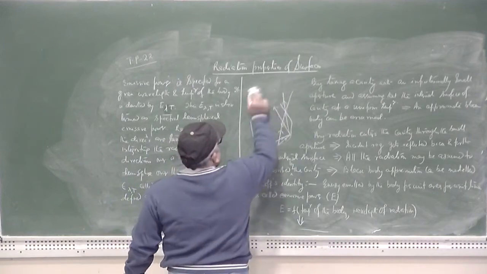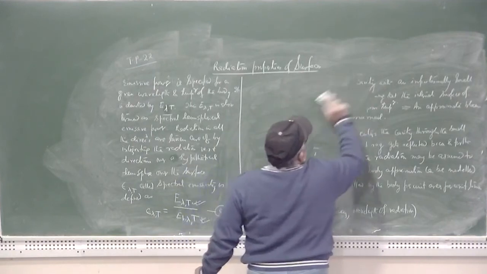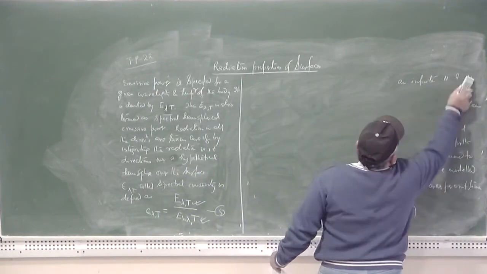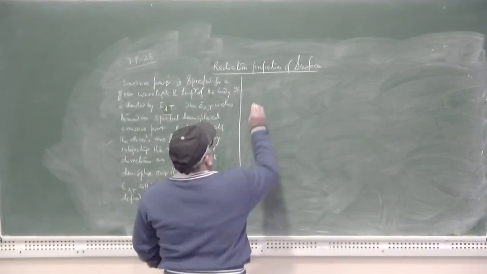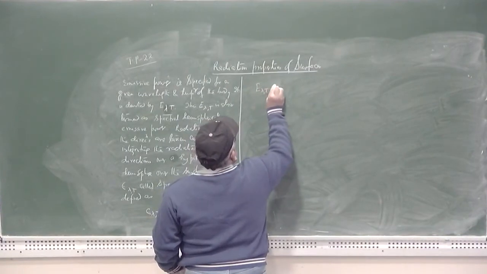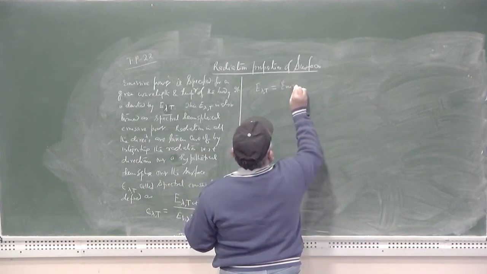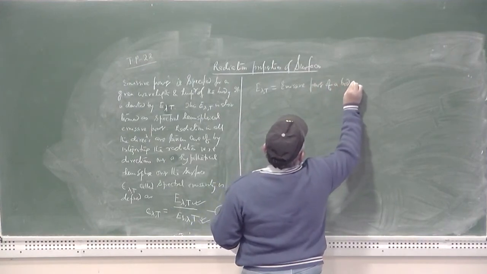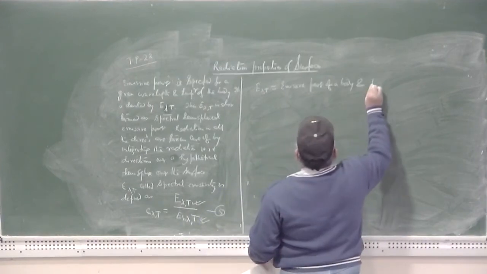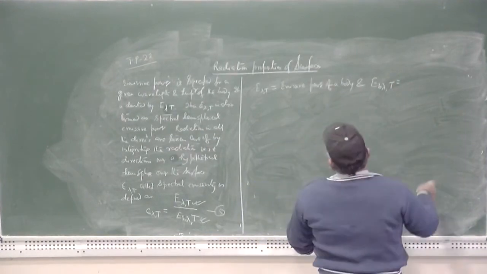In this equation number 5, E lambda T in the numerator is the emissive power of a body, and E b lambda T is the emissive power of a black body.